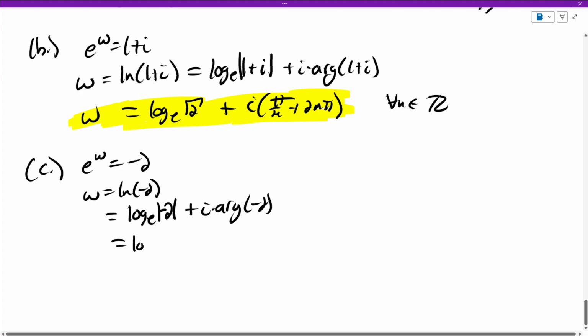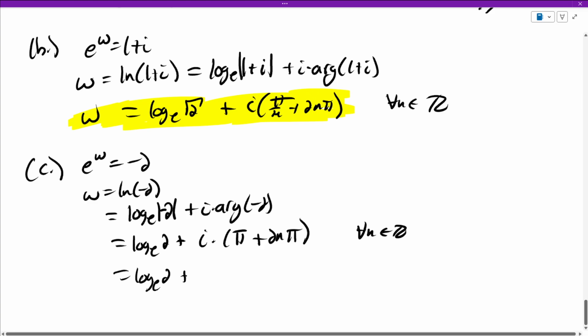So that's log base e of 2 plus i times one of the arguments of negative 2, which is pi, so we add 2n pi. Now in this case, we can write this a little bit nicer. If you factor out a pi, you get 2n plus 1 times pi. And those are our solutions this time.